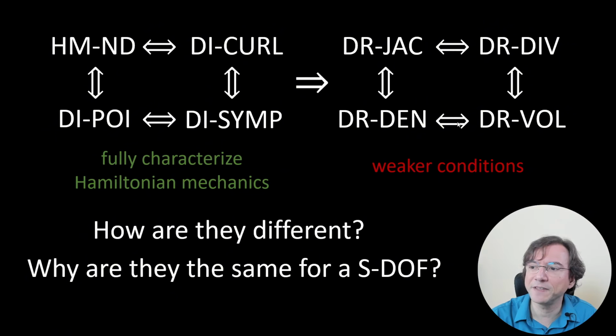And then we have these weaker conditions, that the Jacobian is 1, that the divergence of the displacement field is 0, that the densities are conserved and the volumes are conserved. So these are weakened conditions. And we want to understand exactly why it is that the two sets of conditions are the same for a single degree of freedom, but they're not the same for multiple degrees of freedom.